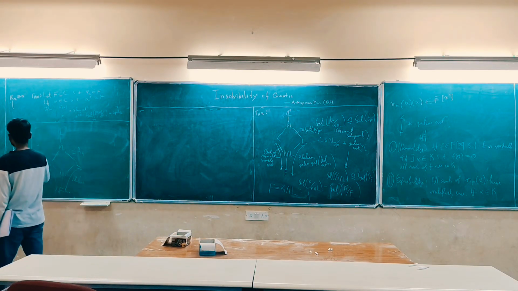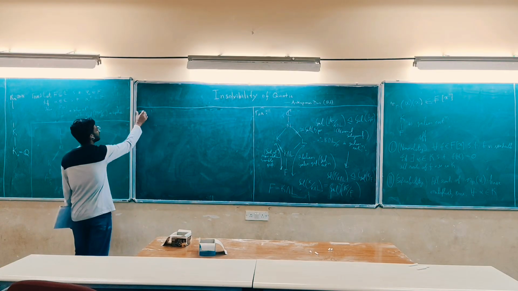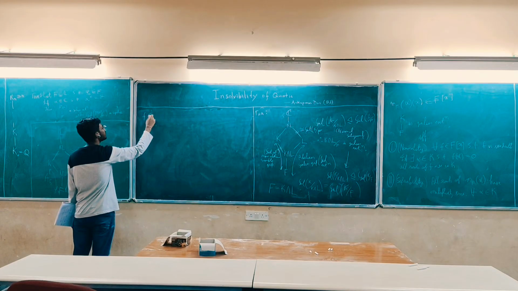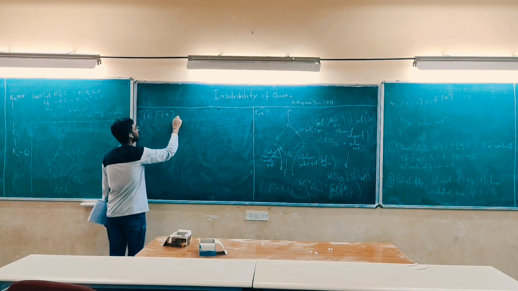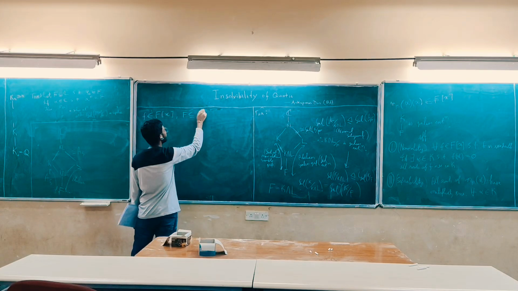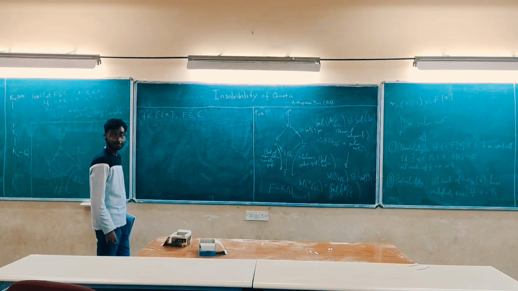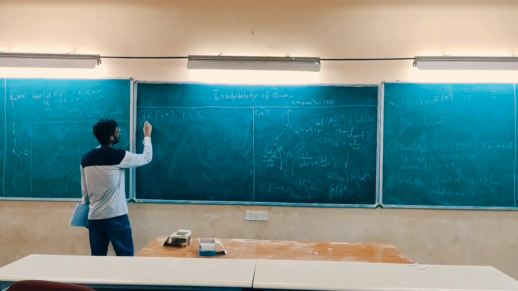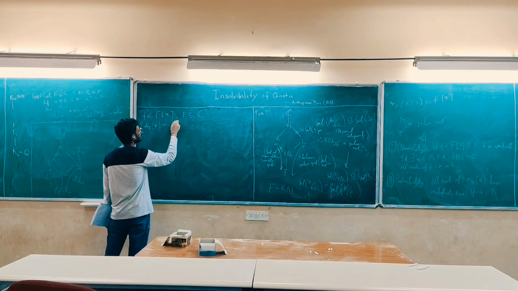Remember, we have constructed such a tower. So let f be a polynomial in F[x], and F is a subfield of C. Because all the things I have proved assume it is a subfield of C, and the degree of f is 5.